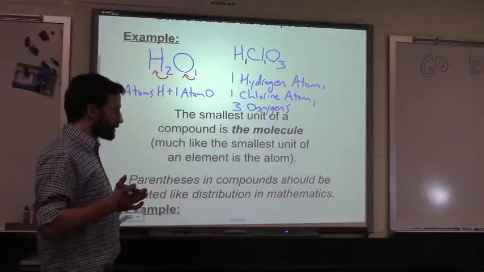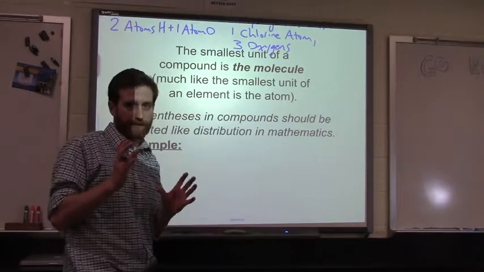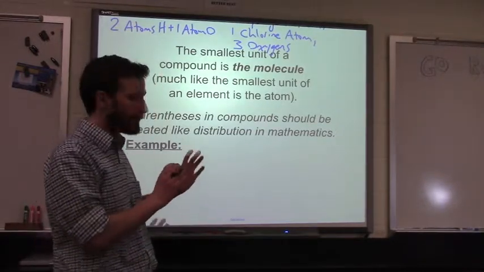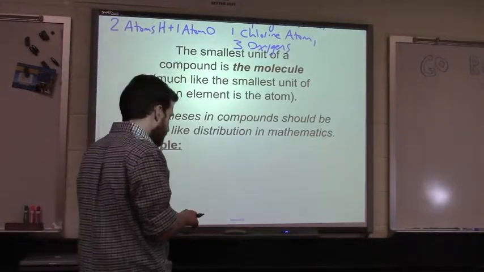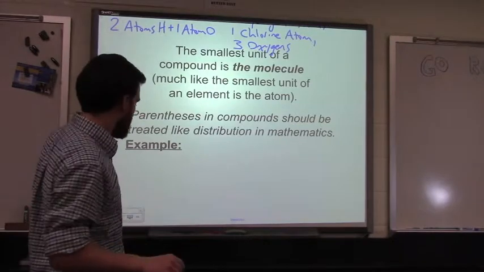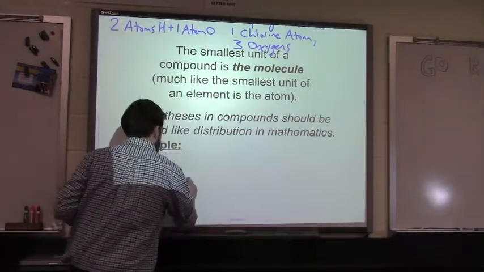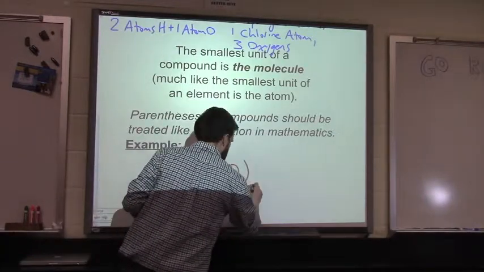The last curveball we've got to throw at you real quick is this idea of parentheses, because parentheses show up in compounds, so we might as well just get it out on the table right now. So let's consider a formula such as Ca(NO3)2.